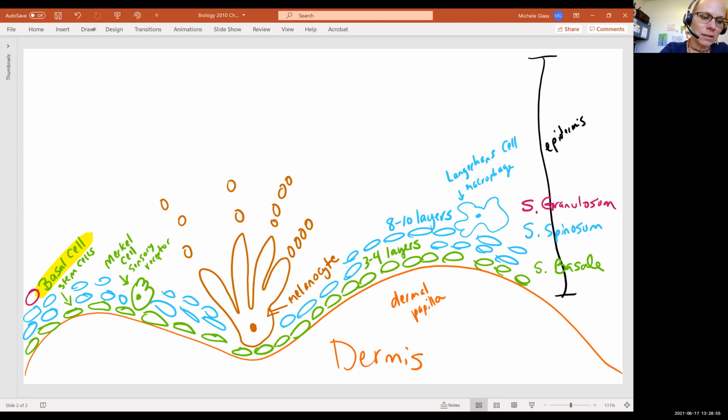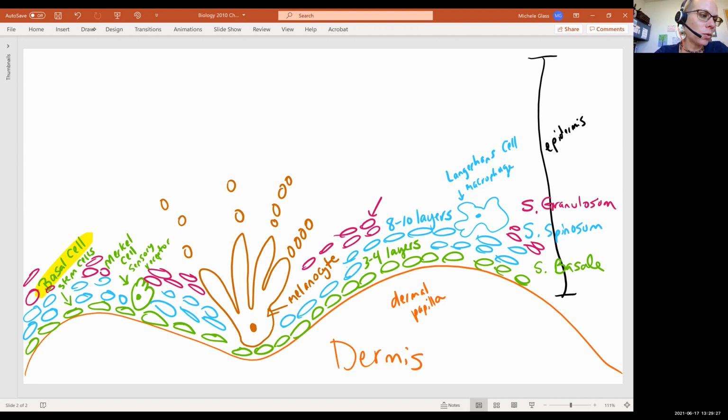And so let me just start adding them over top of my previous drawing to show this next layer, stratum granulosum. This layer, stratum granulosum, is what is happening here.